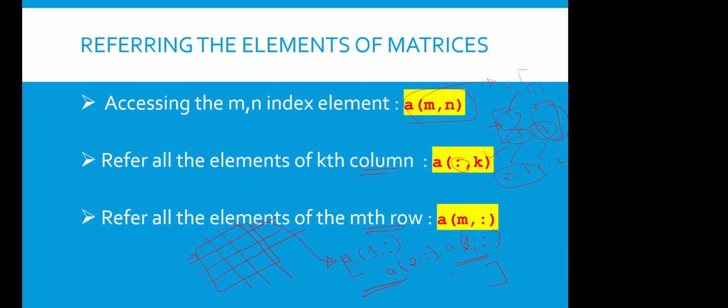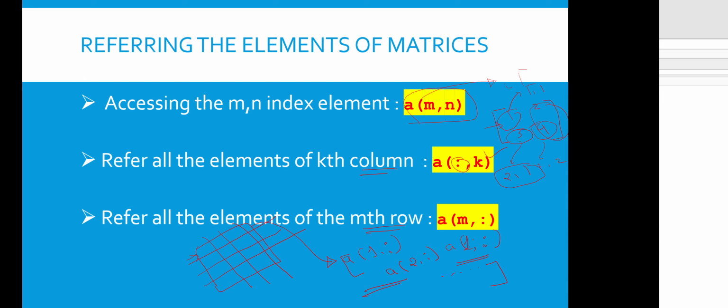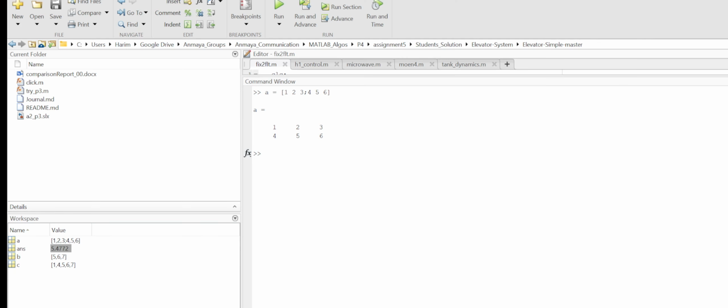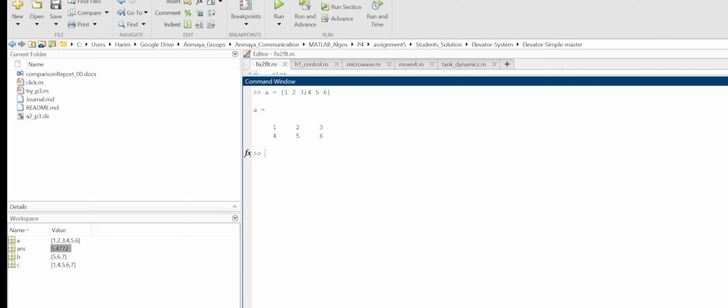We'll see how to do this using MATLAB software. Let me create A equals 1, 5, 6, 7, 9, 8, 3, 3, 1, 1, 2.